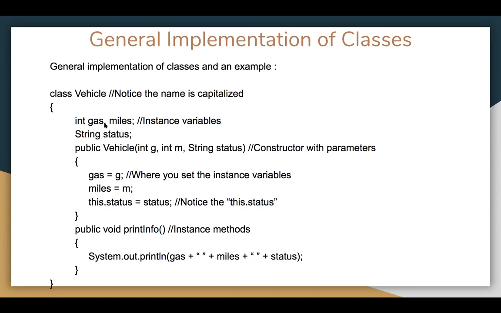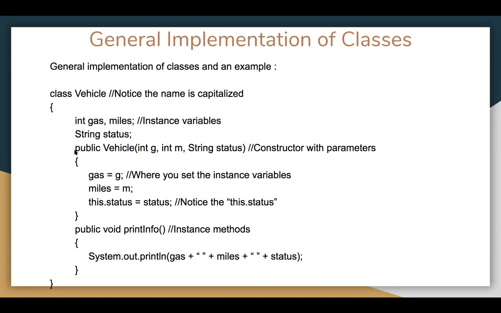When we add a comma, that means we're just declaring multiple variables. So miles is another variable, and it's also an integer. This shorthand way makes it easier to create multiple variables of the same data type. And then you can see we have a string here with the name status. These are not all set yet. That's because it comes right here.